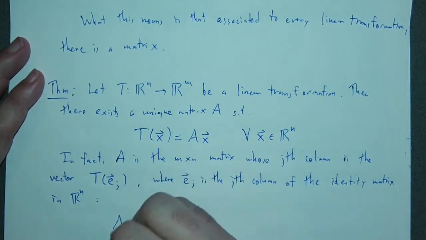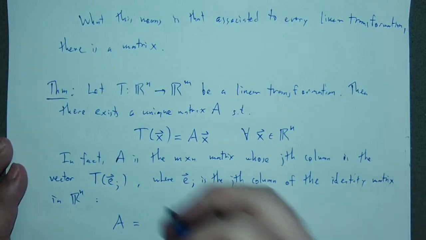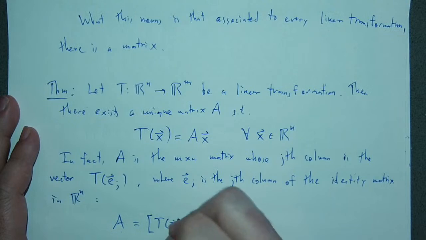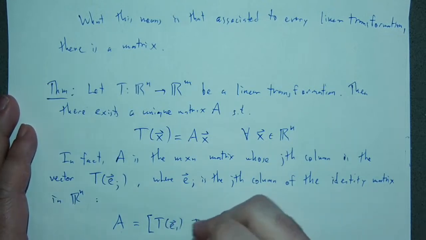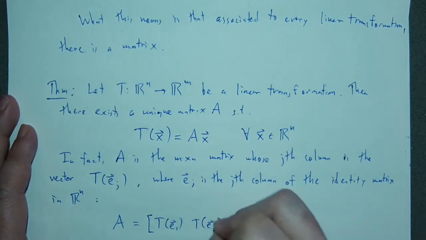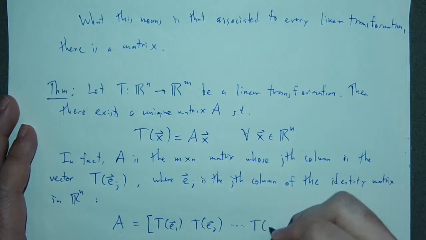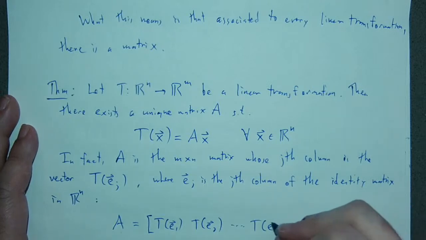And so what is this A? This A is the matrix with T of E sub 1 as its first column, T of E sub 2 as its second column, and so on up to T of E sub n as its nth column.